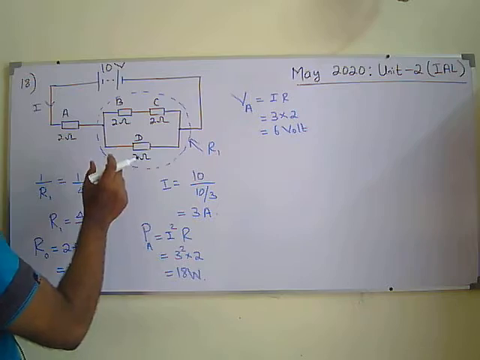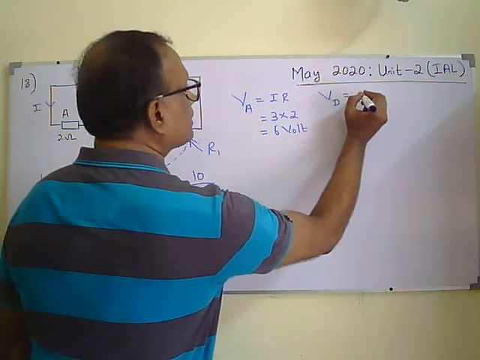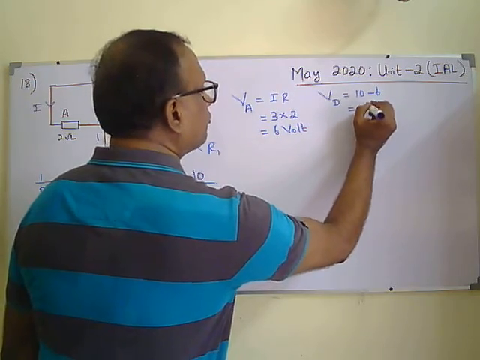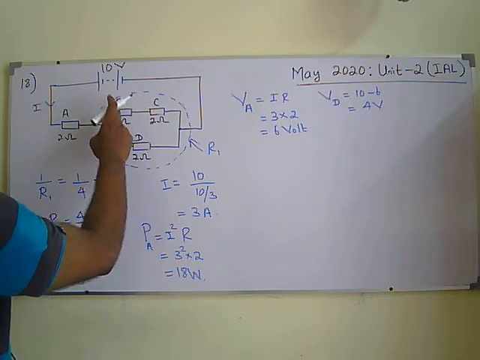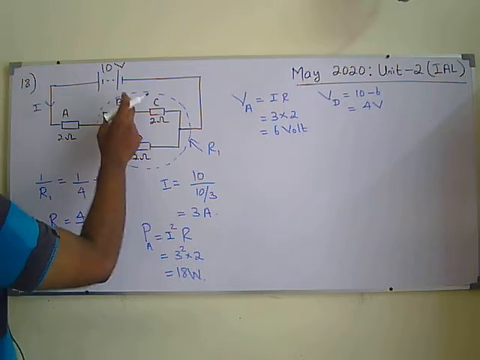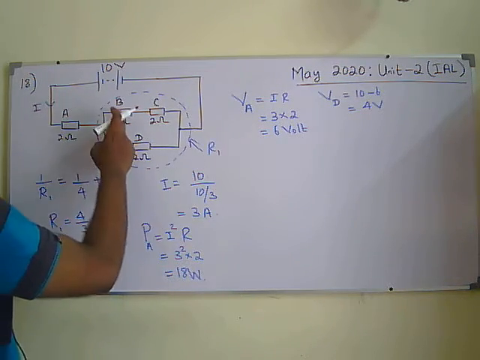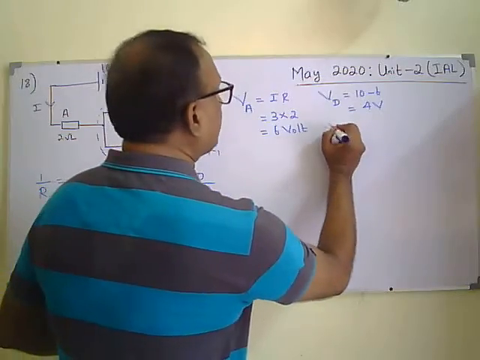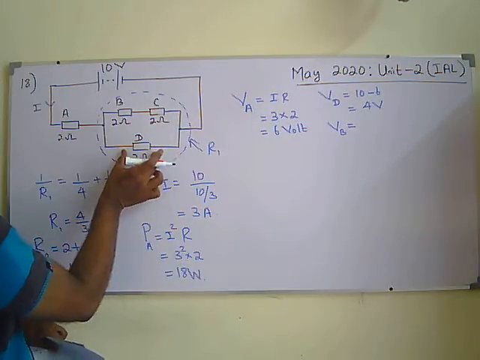So the total voltage across D is equal to 4 volt. Same way, voltage across B and C together is equal to 4 volt. So voltage across B and voltage across C will be divided equally because they are equal resistance. So voltage across B will be half of 4 volt. Voltage across D is 4.